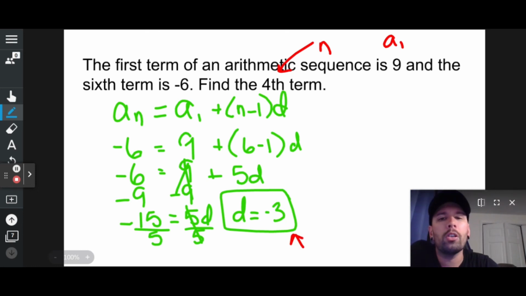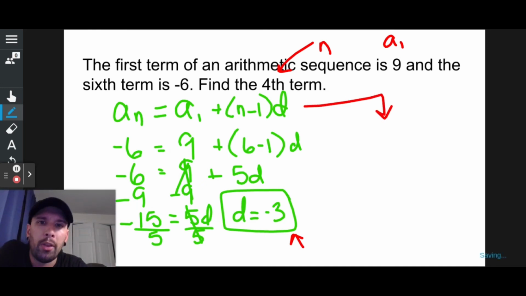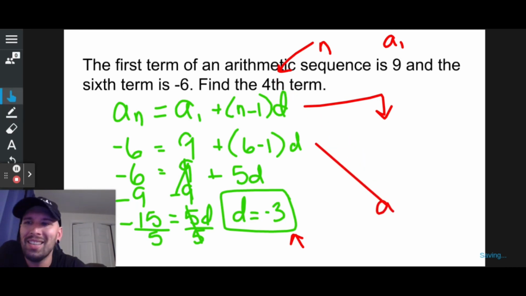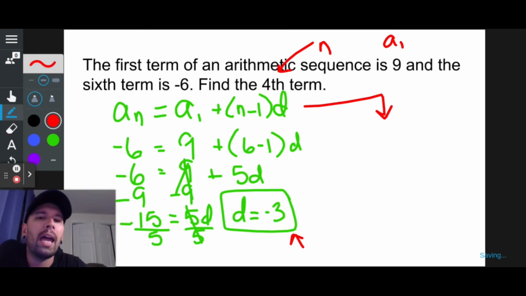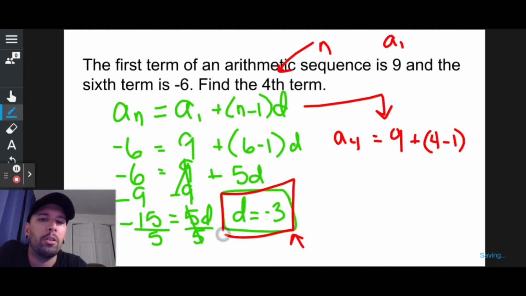So if I were to use the same exact equation that I did over here, a sub n, and I care about the fourth term, so a sub 4 in this case, equals a sub 1, which is 9 like it was last time, plus parentheses n, which is 4, minus 1 times the common difference, which I just found out to be negative 3.